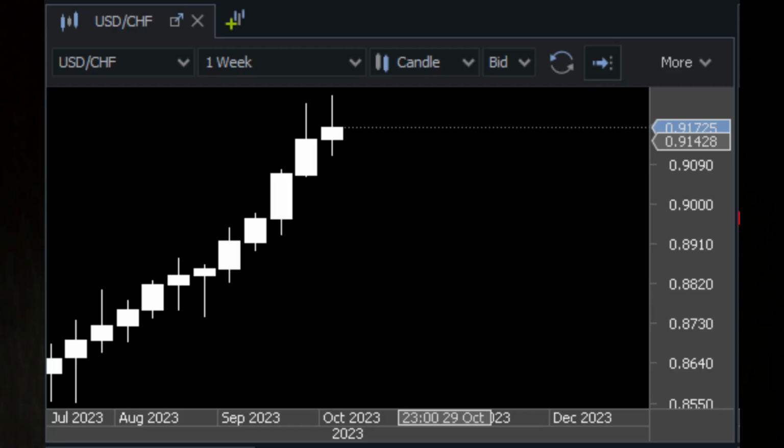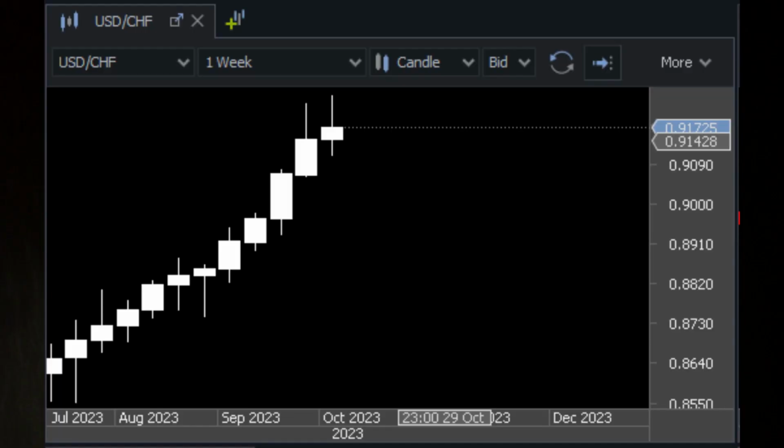So that's bearish. Now here is a chart of the US dollar against the Swiss franc over the last few weeks. And again, it doesn't take a genius to see it is going up, right? So that is a bull market or a bull run, okay? The dollar is bullish against the Swiss franc. These are all the different ways you can use the term.